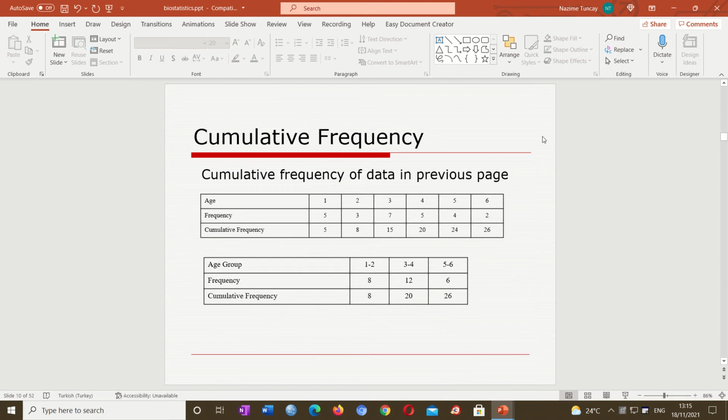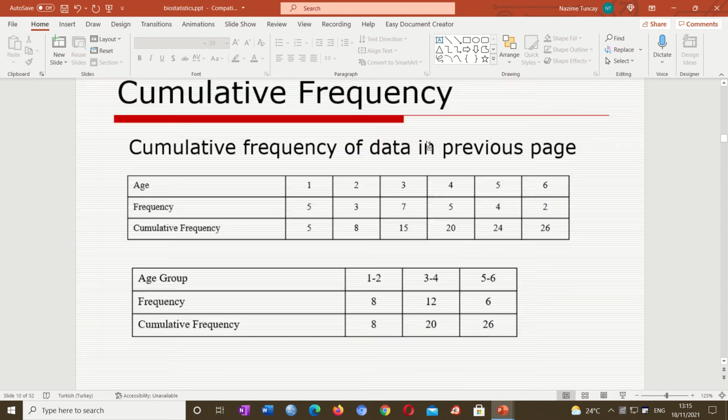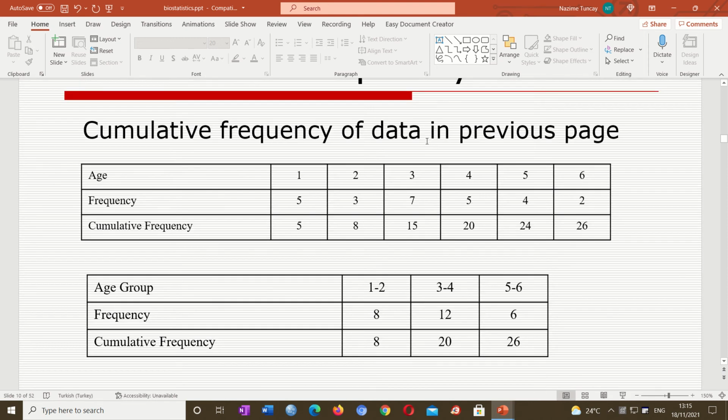Okay, here. This is cumulative frequency. You can see here, I write 1, 5, 2, 3. So these are the frequencies of these kids with these ages. Now, cumulative frequency is calculated by adding this one and the next one, okay? 5 plus 3 is 8, okay?